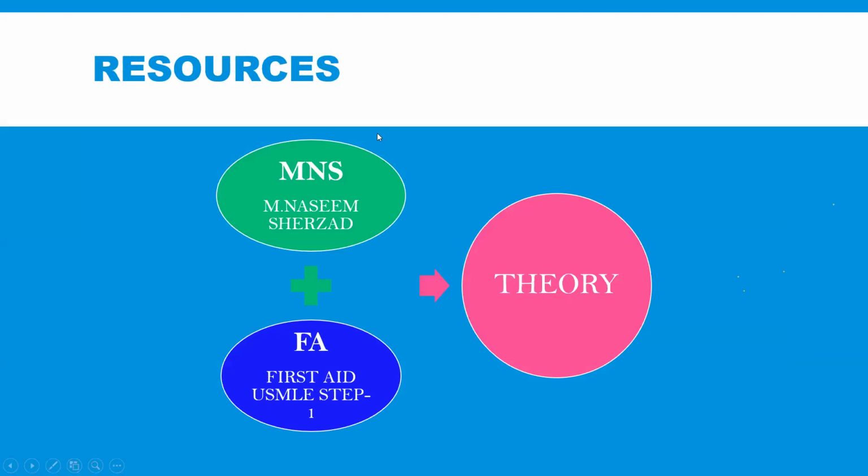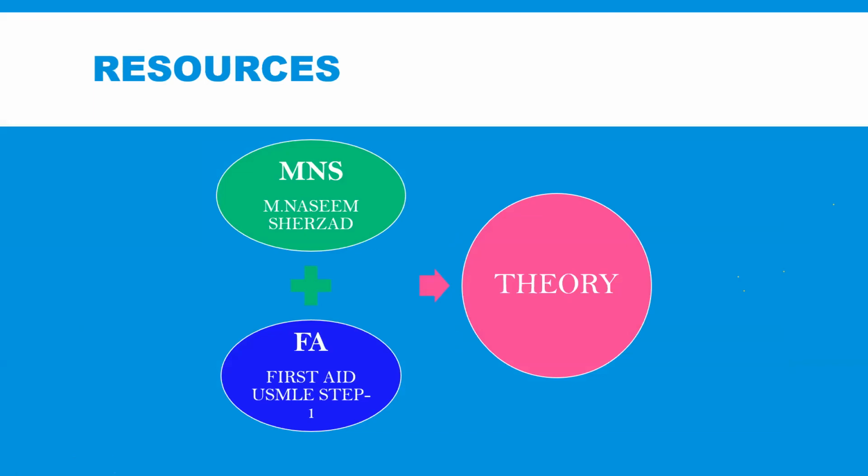Next, coming to the resources. In different groups people will recommend different books and different resources. And indeed you can follow whatsoever is easy for you, but I personally recommend these two books.